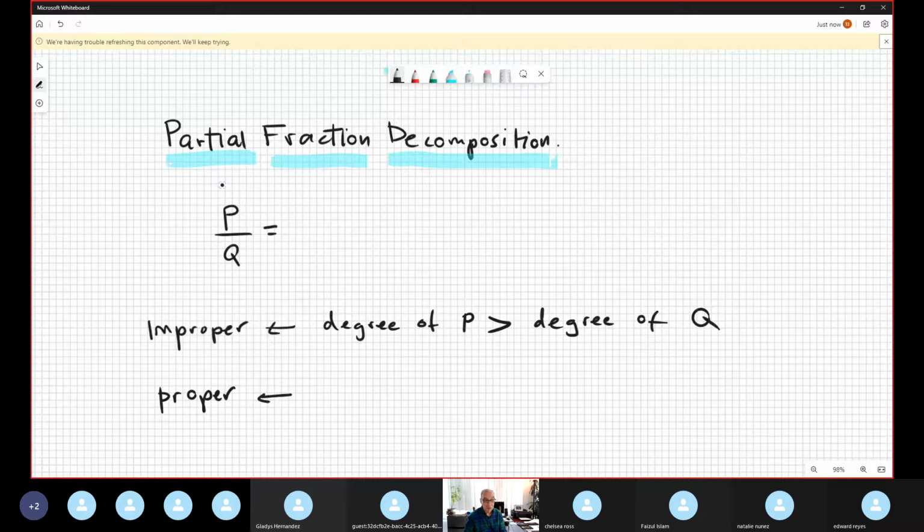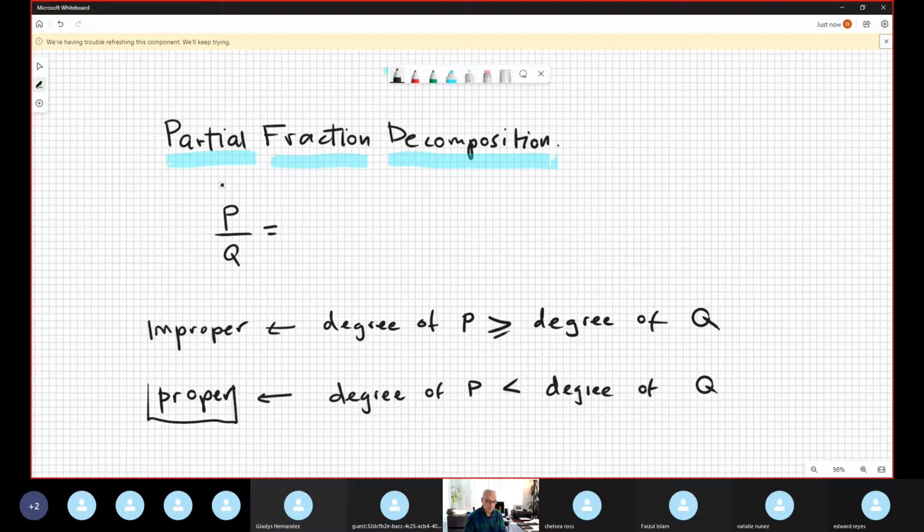And proper is when the degree of p is less than the degree of q. So, when it's proper, it's ready to apply the idea that I want to explain now. But when it's improper, it's not ready.